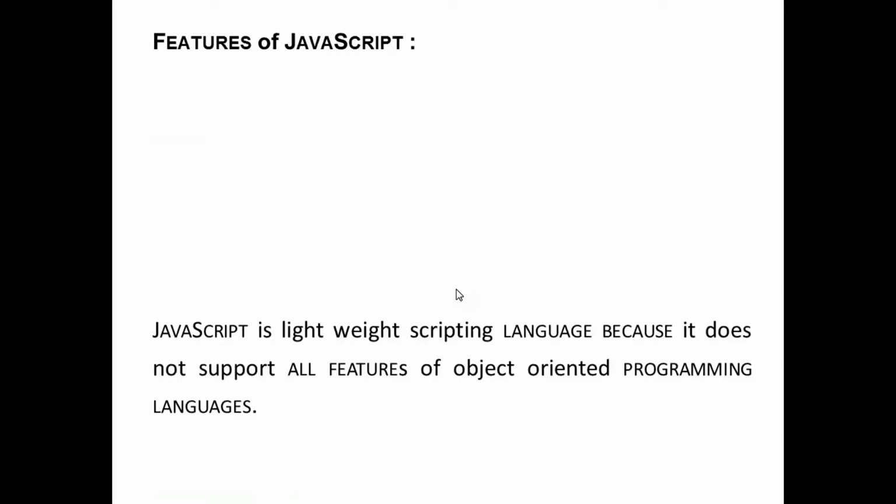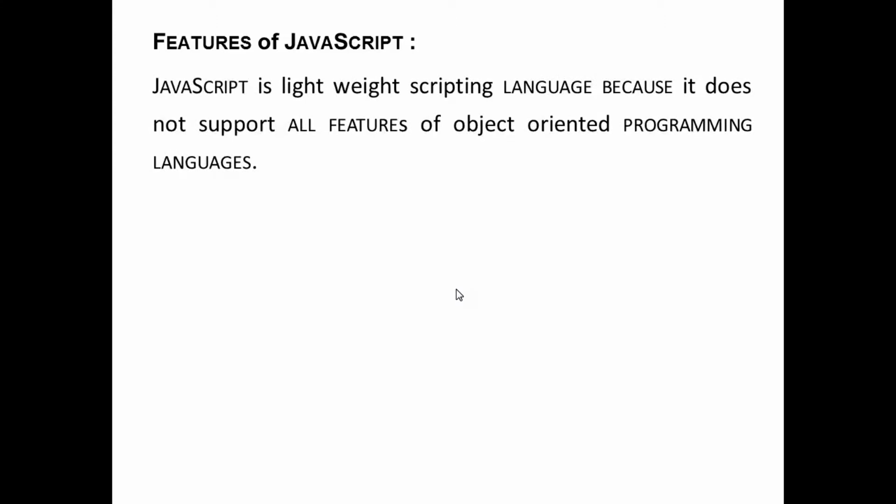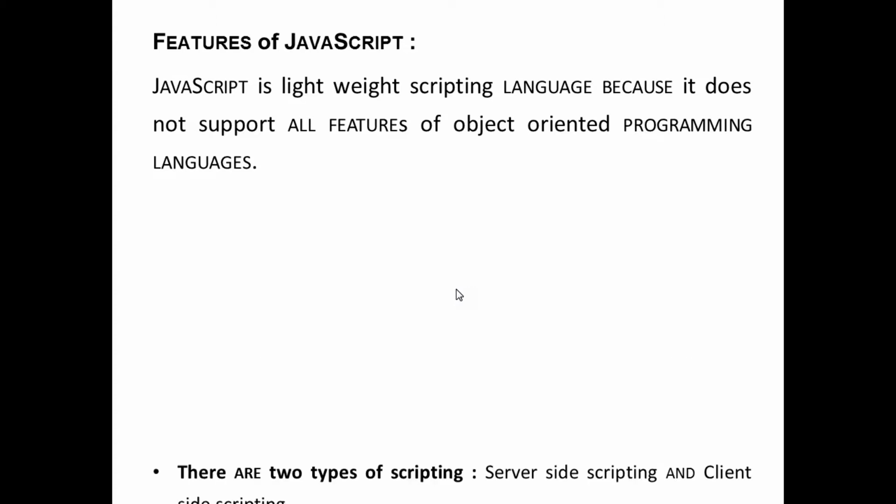Next, what are the features of JavaScript? Let's start with features. Number 1, JavaScript is a lightweight scripting language because it does not support all the features of object-oriented programming languages like C++, Java, etc. These are object-oriented programming languages, but JavaScript is lightweight because it doesn't support all the features of OOPs.